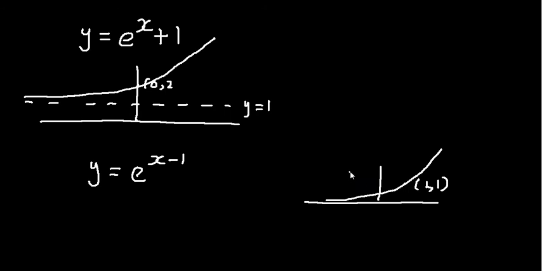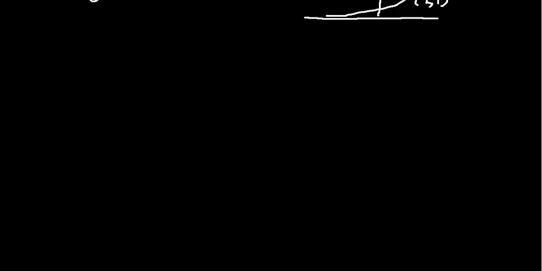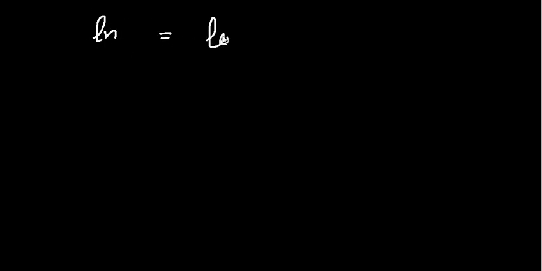Okay, good. Now you're going to look at a notation called ln. There's no mystique behind this, no magic behind this. ln is basically equivalent to log to the base of e. Here again, you've learned this before.